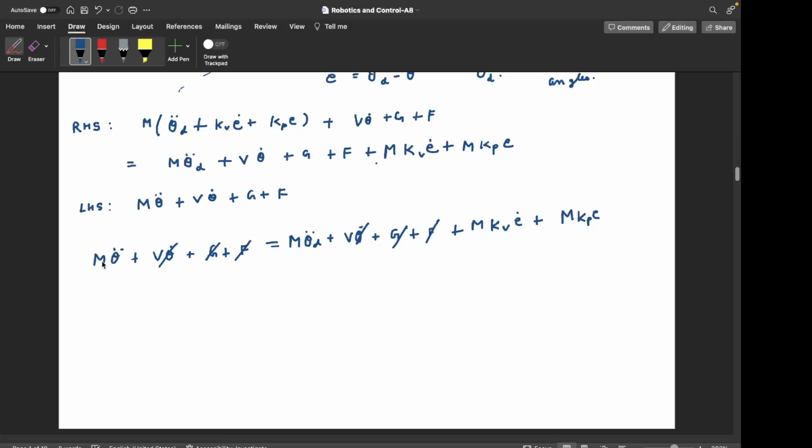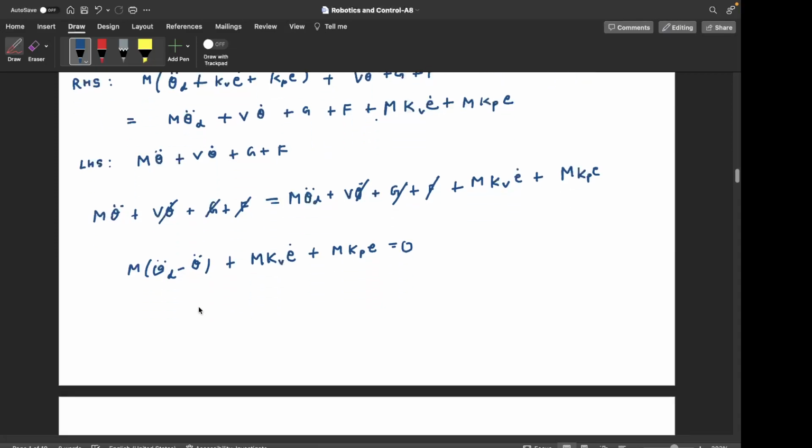And if we take M theta double dot onto the right hand side, what we will get is M times theta d double dot minus theta double dot plus M Kv e dot plus M Kp e is equal to 0, right?